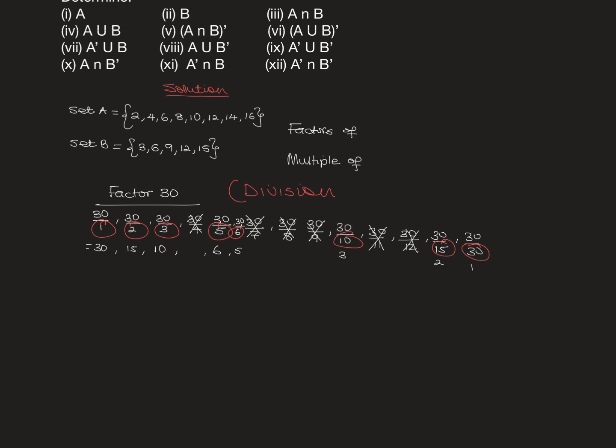That given number, if you divide it by a number and you do not have a remainder, then the numbers that you have will be the factors of that given number. But whenever we say multiple, always let product come to your mind.